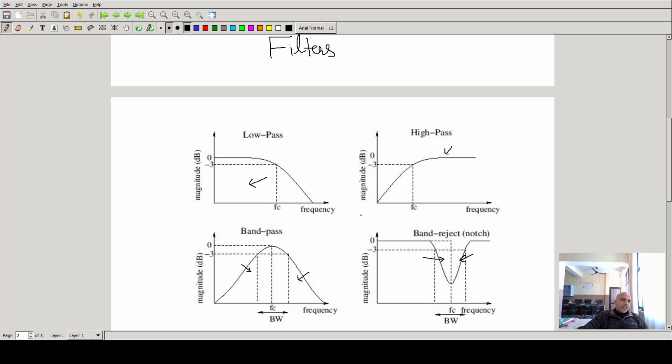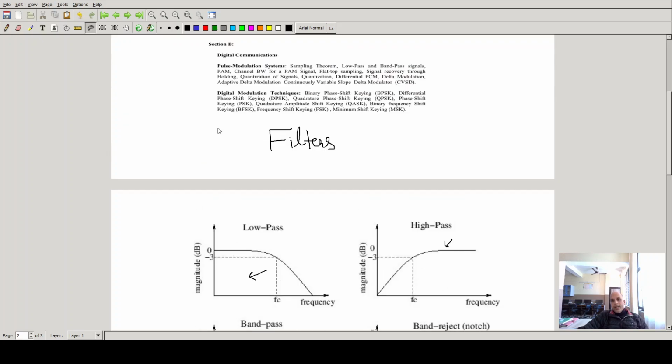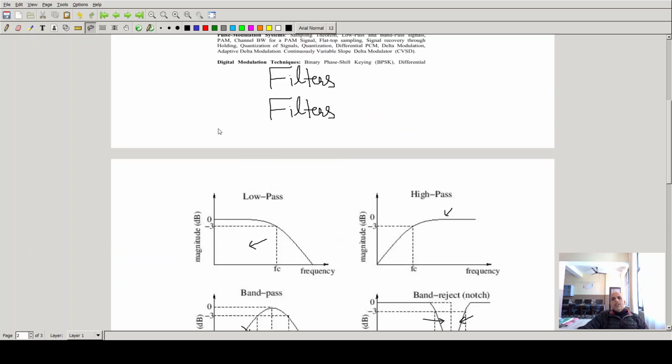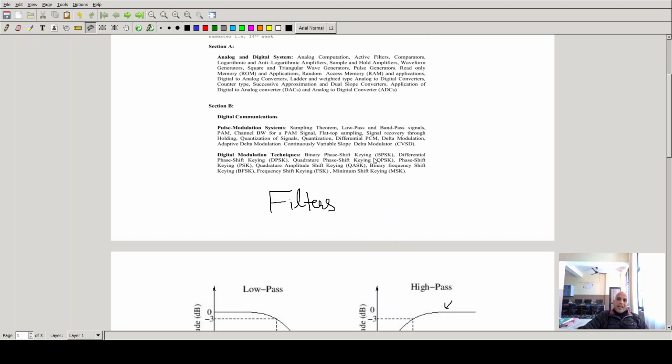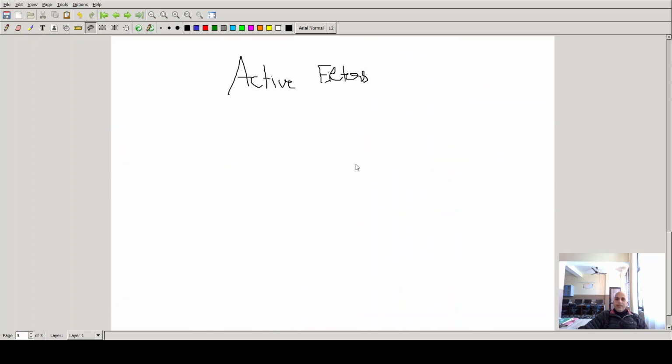So now this is the classification of the filters based on their ability to select a particular frequency or a range of frequencies. Now I'm coming to the active filters, how active filters are designed and how they work, because in our syllabus active filters are mentioned.